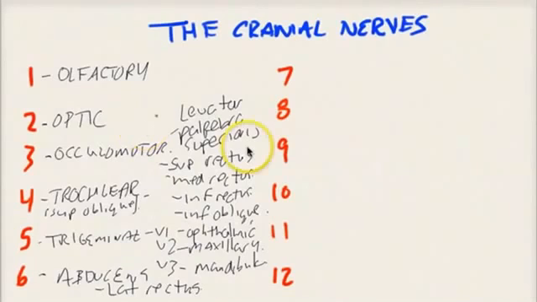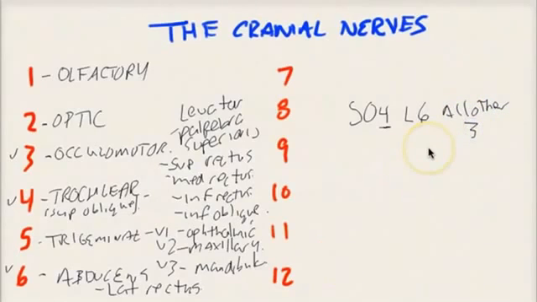There's a way to remember the muscles of the eye because they are innervated by cranial nerves 3, 4, and 6. The little mnemonic we put together is SO4, L6, all other 3.